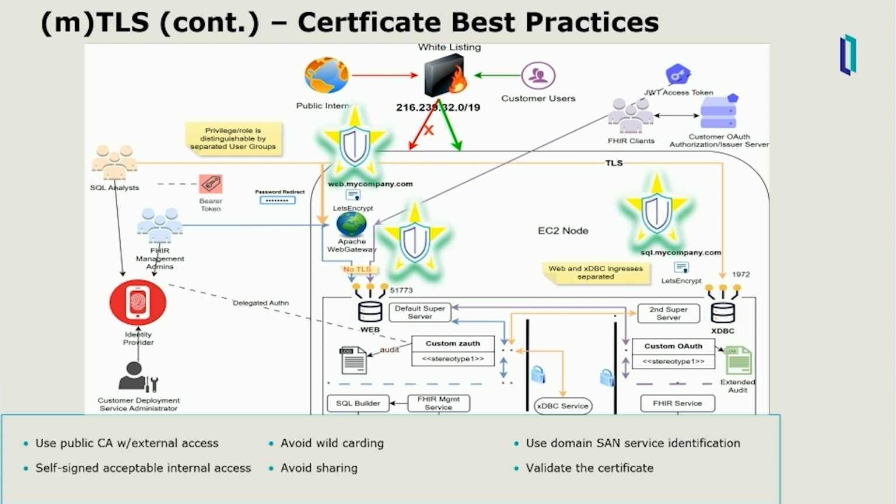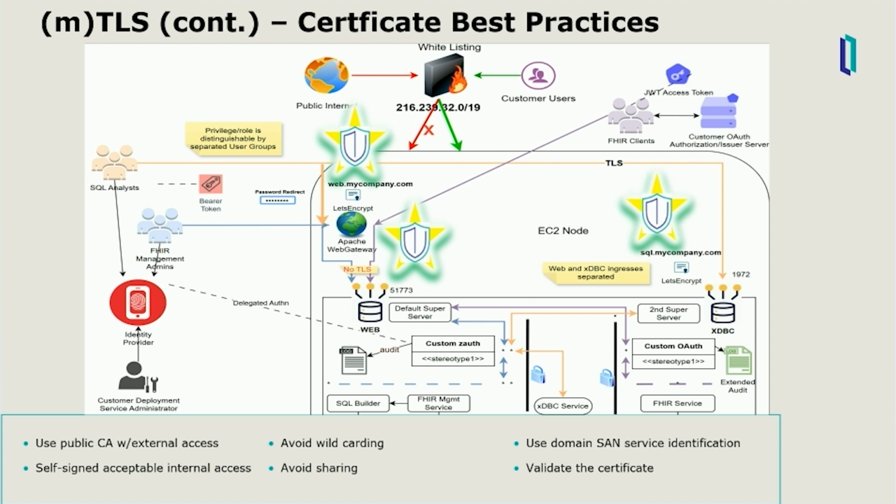Okay, so the center inner star is calling out a certificate on the web server. But you notice there's a yellow band, no TLS. So this is violating the relevance to the inside, the internal perimeter.